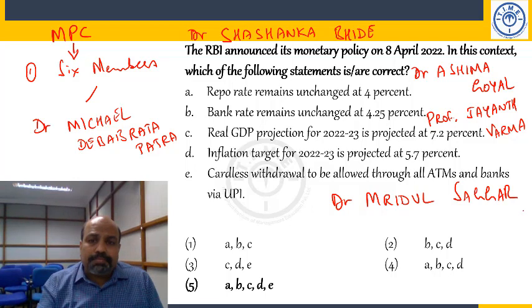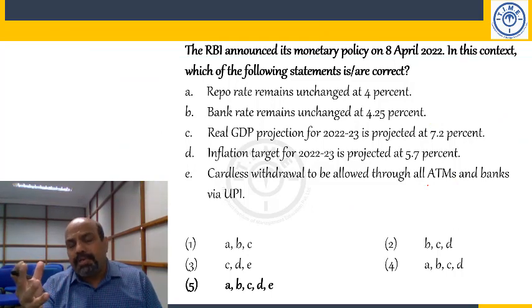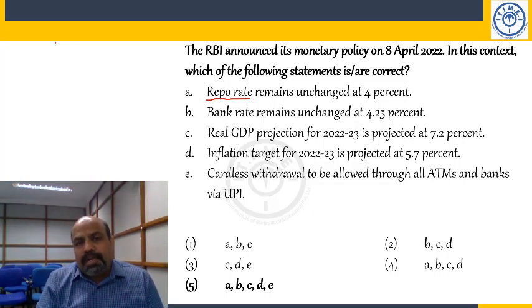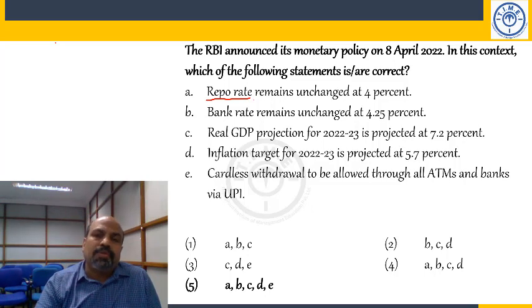I want you to write more now. The basic definitions, and then I'll take you to the highlights of the monetary policy. Repo rate, please write this. Repo rate, rate of interest charged by the RBI on short term loans, in brackets less than 1 year maturity, short term loans to commercial banks.